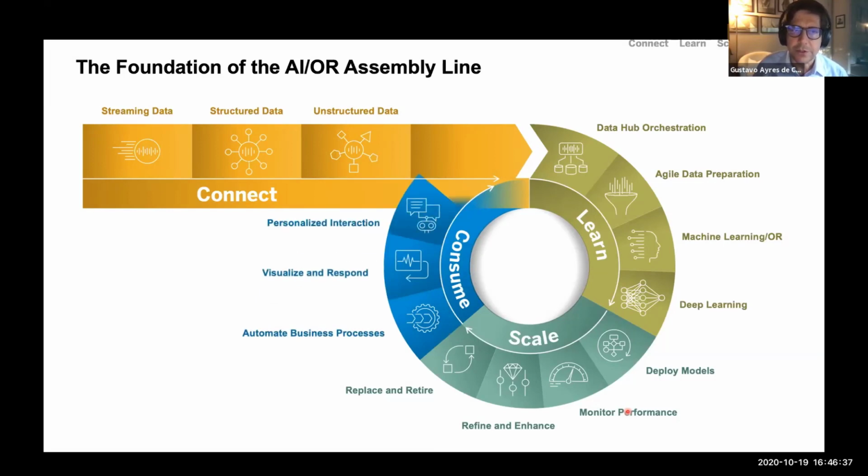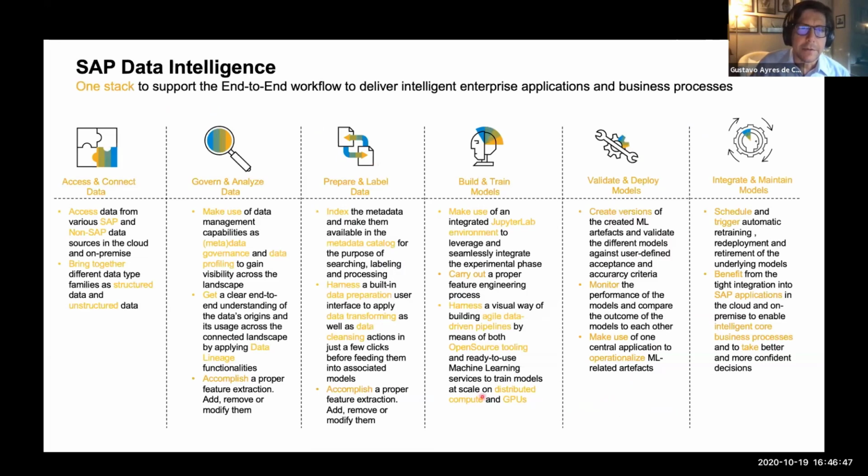So put it in production basically means automating those business processes and giving visualizations and so on, personalized interactions. So specifically, each one of these aspects or functionalities of data intelligence will give you a lot of flexibility. So that's the point of using it in this framework.